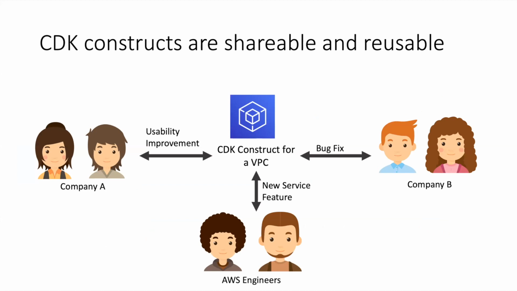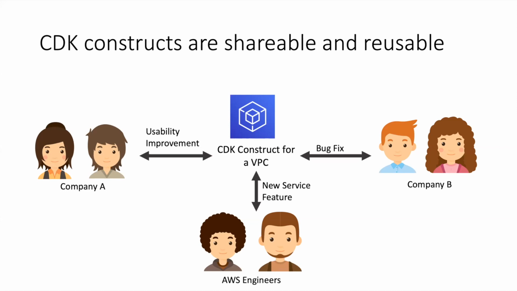Another cool aspect of CDK that I want to highlight is that all of these constructs that I've highlighted, the VPC construct, S3 deployment construct, and many more, are all shareable and reusable. They're being contributed to by a lot of different people, not only AWS engineers who work on these services themselves, but also different companies that use the services. For example, with the S3 deployment, if company A is using it and has an idea for a usability improvement, these constructs are all open source on GitHub.